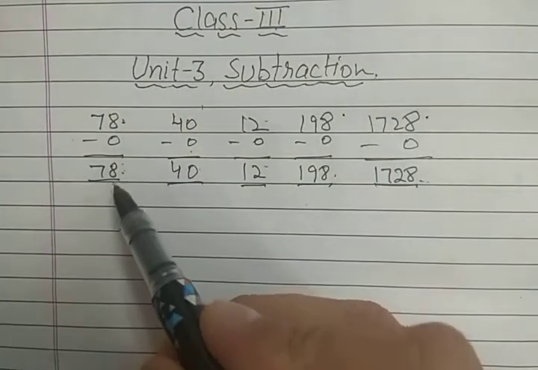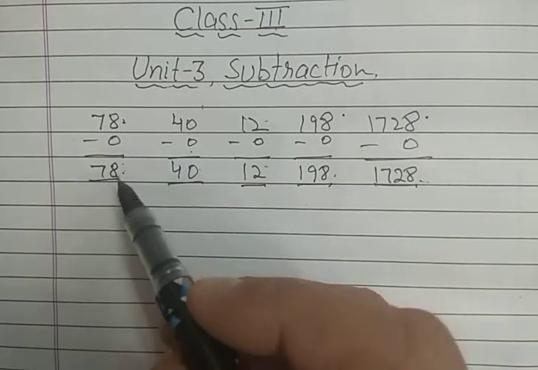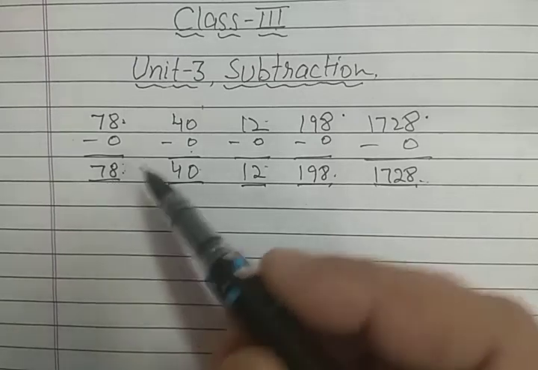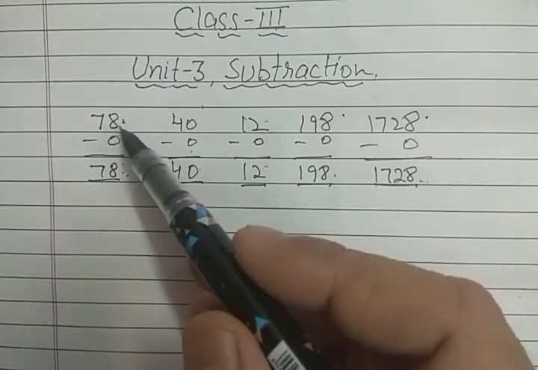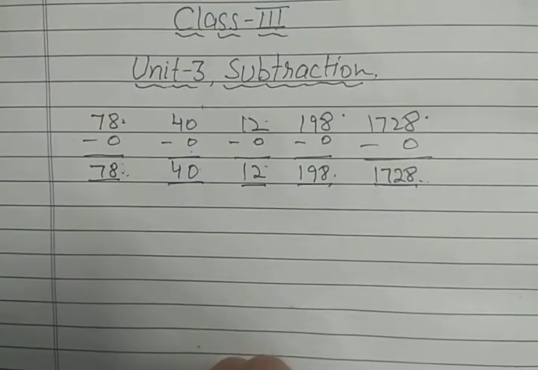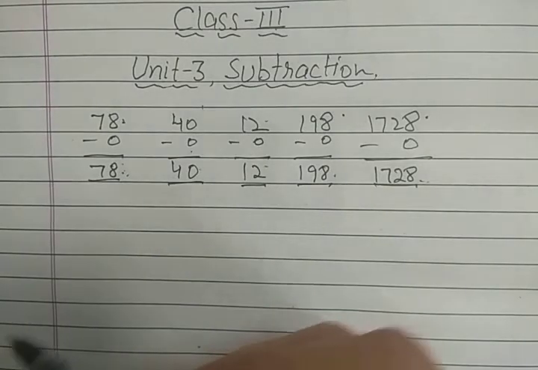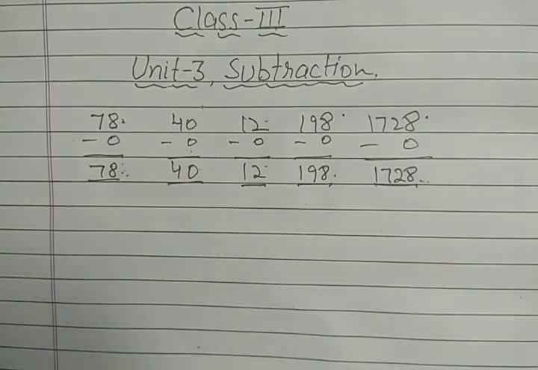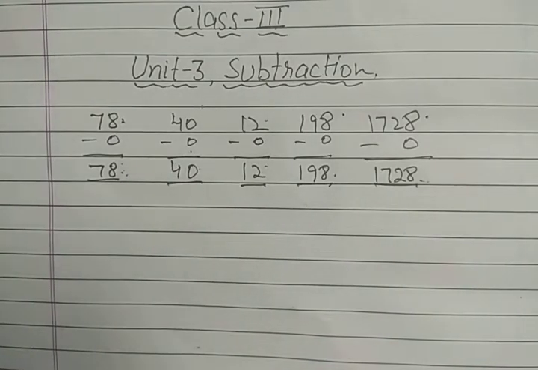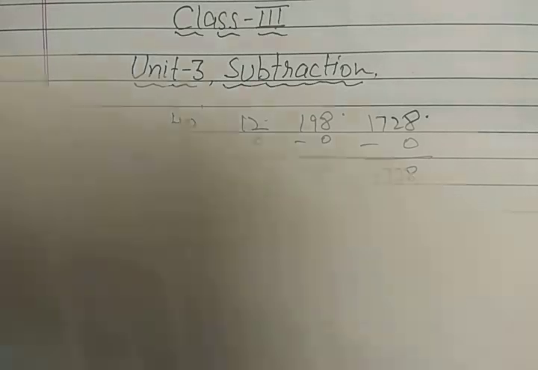So whenever we subtract 0 from any number, the answer will be the number itself. So this is the property of subtraction, and we have worksheet number 5 based on this property. Let us try to solve some questions of this worksheet.